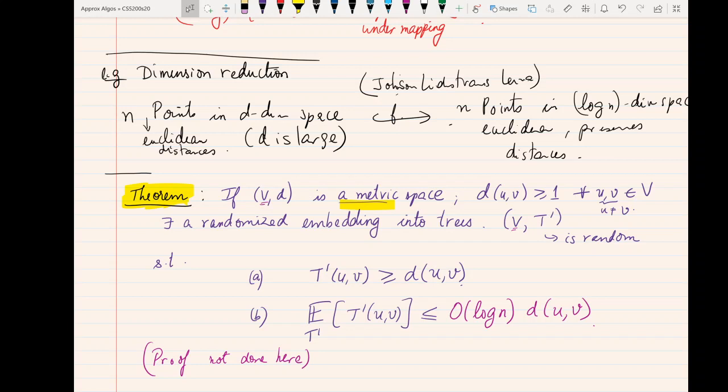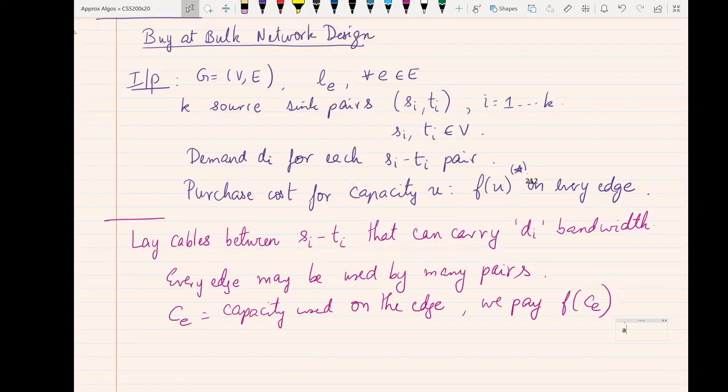So let's go ahead and use this embedding technique to solve a problem. And the problem for today is the buy-at-bulk network design problem. Now, in the buy-at-bulk network design problem, the input is a graph which has lengths for every edge. Now we'll come to why these lengths are needed in a moment.